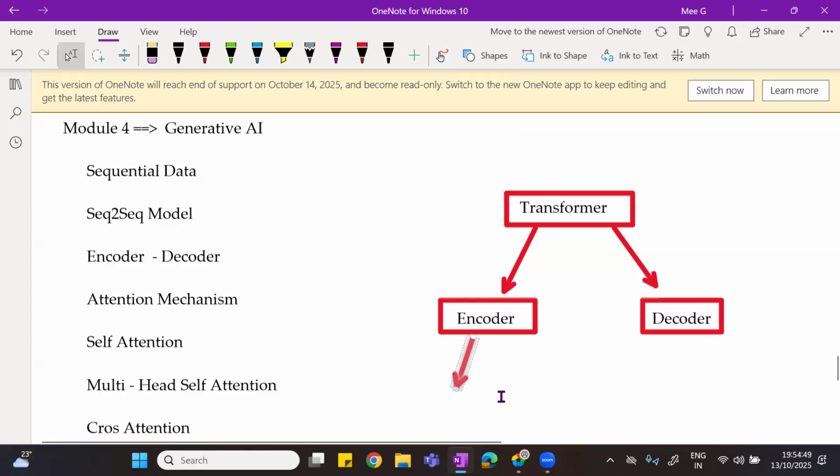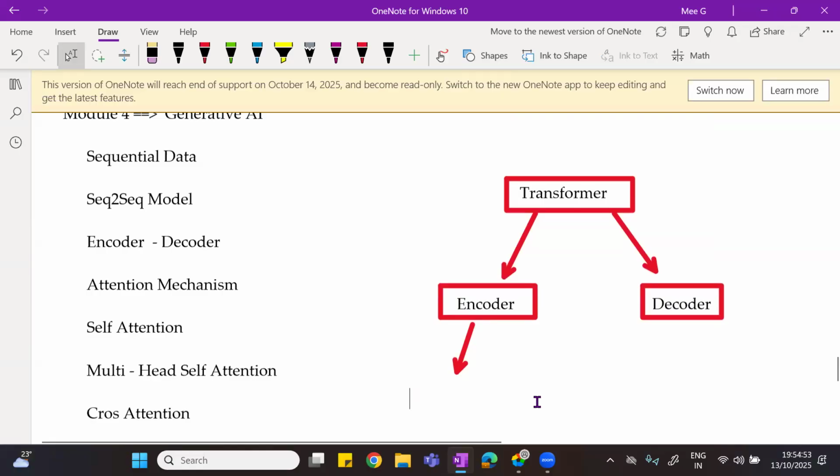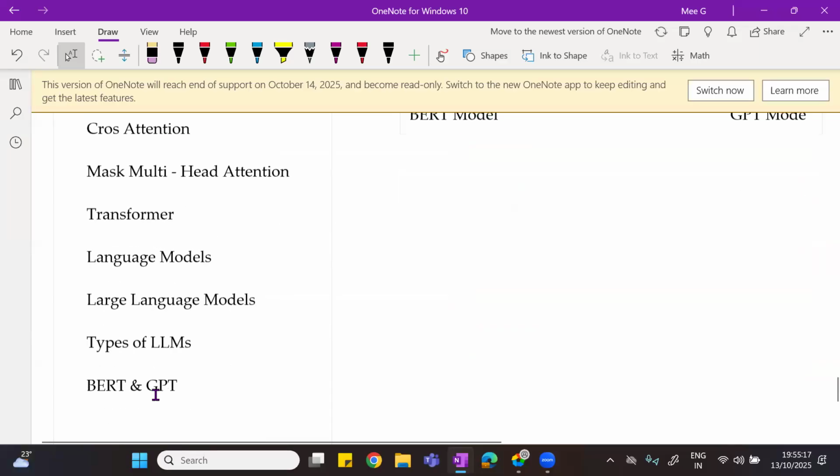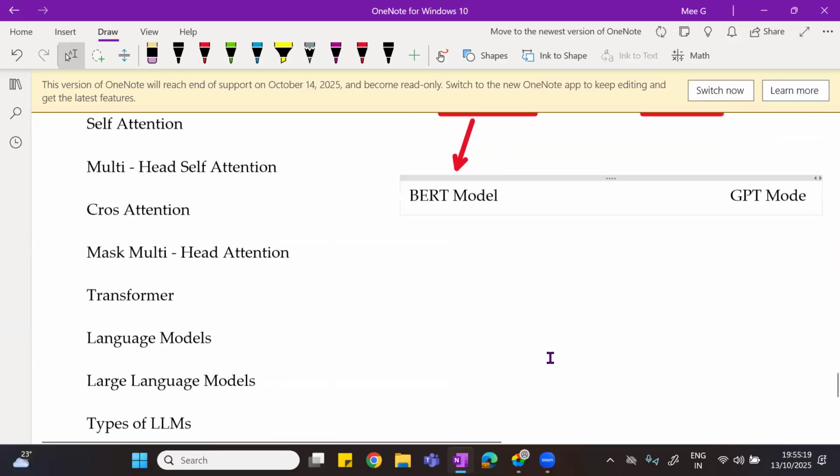Now, what is a model? I will let you know in a minute. They call this model the BERT model. And taking forward the decoder, they developed a model called the GPT model. That's what I was saying over here, BERT and GPT.